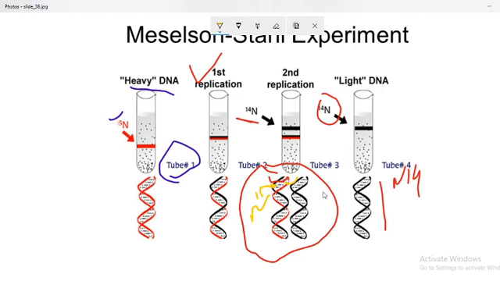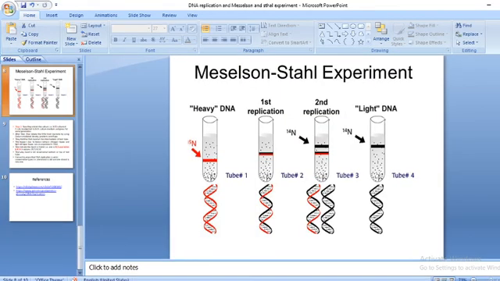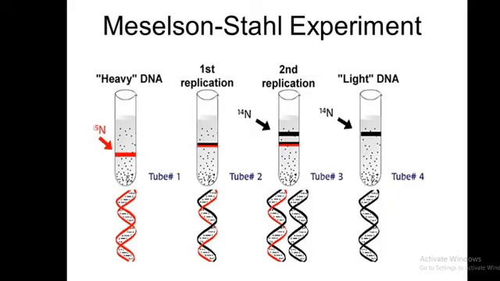So such a type of DNA replication process is semi-conservative, and that was explained by Meselson and Stahl.